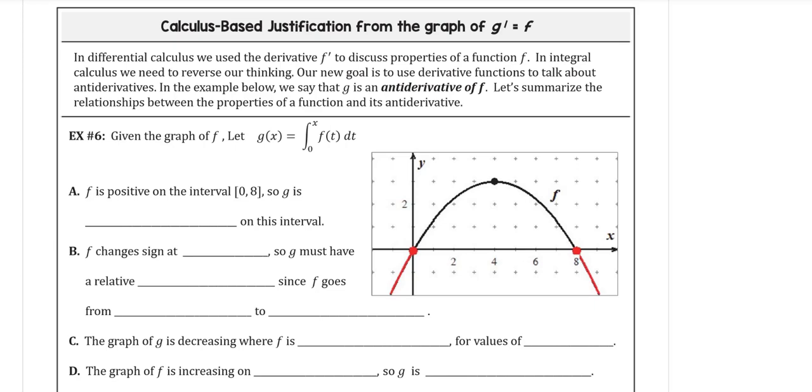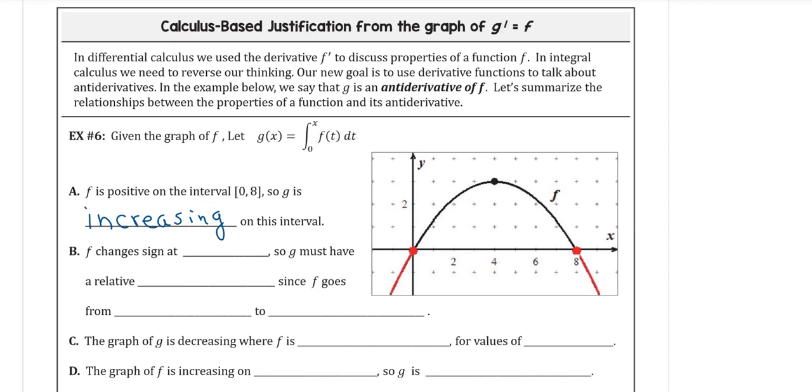So we're given the graph of f, and we're going to let g of x equal the integral from 0 to x of f of t dt. So f is positive on the interval from 0 to 8. And just like before, remember, f is the derivative of g, so that means that if the derivative is positive, then the function is increasing on that interval, so it's increasing.